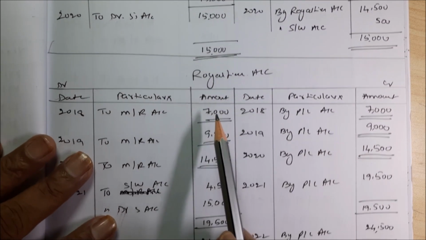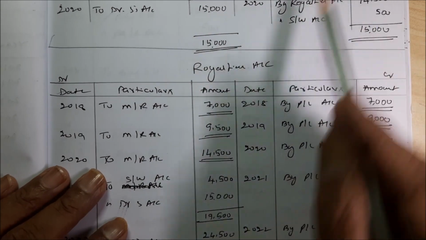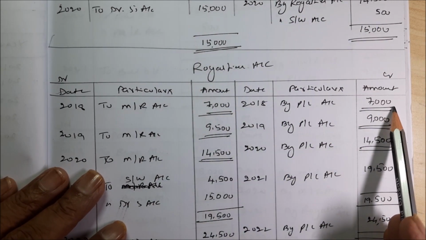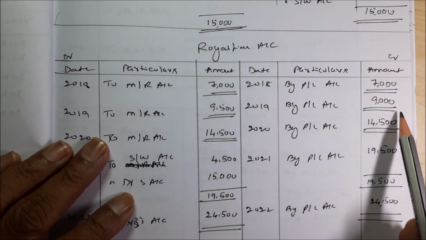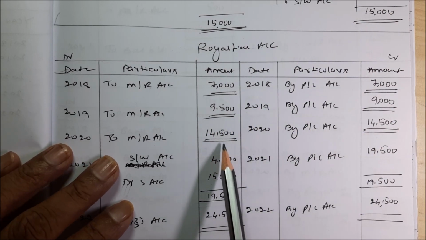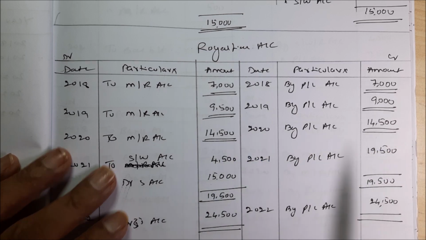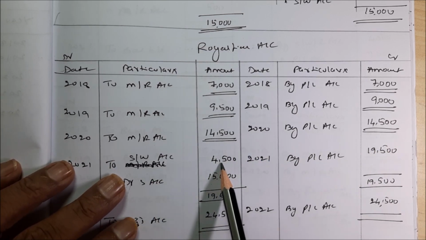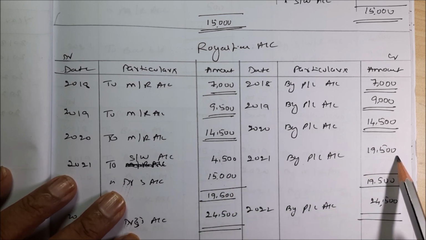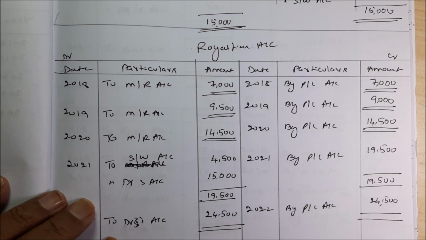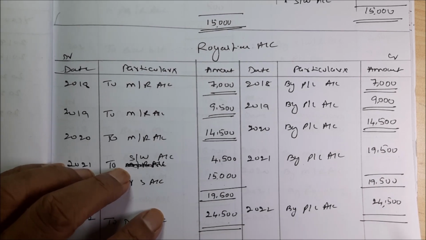Now the royalty, that is minimum rent, of 7,000 will be transferred to the profit and loss account. Minimum rent of 9,500 will go to the profit and loss account. Then 14,500 to the profit and loss account. Here you have recouped 4,500, then Dr. S account 15,000, profit and loss account 19,500. In the last year, 24,500, 24,500.